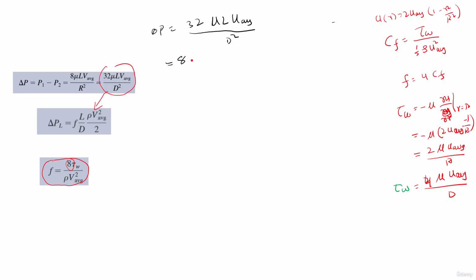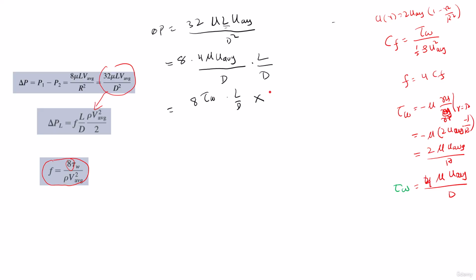Take this term as 8 into 4 mu u average upon D, with one L remaining, divided by D. The term 4 mu u average upon D is equal to the wall shear stress, times L by D.